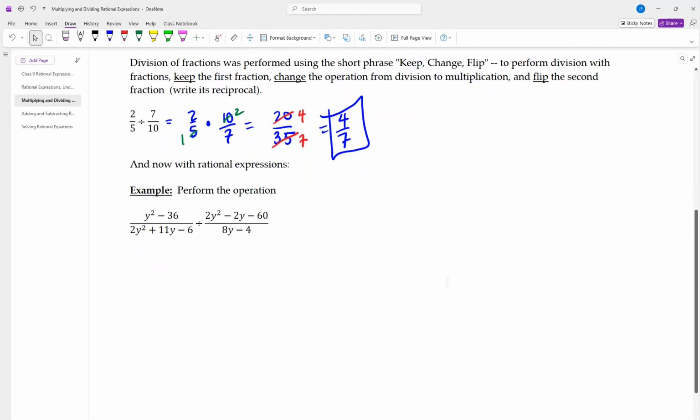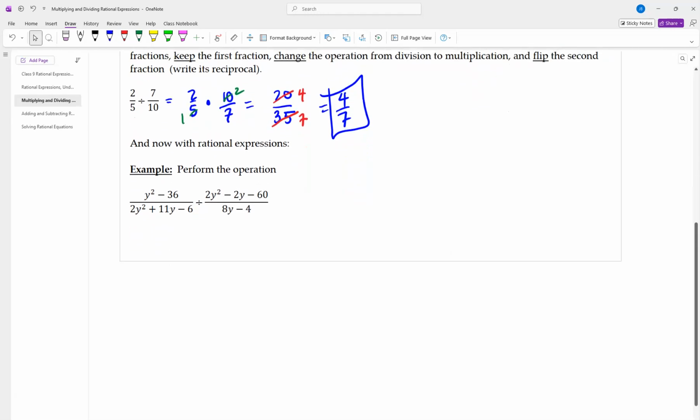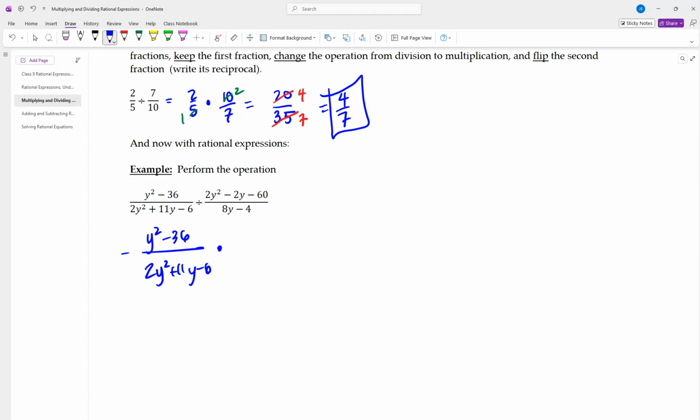Do the same thing with rational expressions now. This looks very scary, but it's not that bad. y squared minus 36 over 2y squared plus 11y minus 6, times the reciprocal, 8y minus 4 over 2y squared minus 2y minus 60.